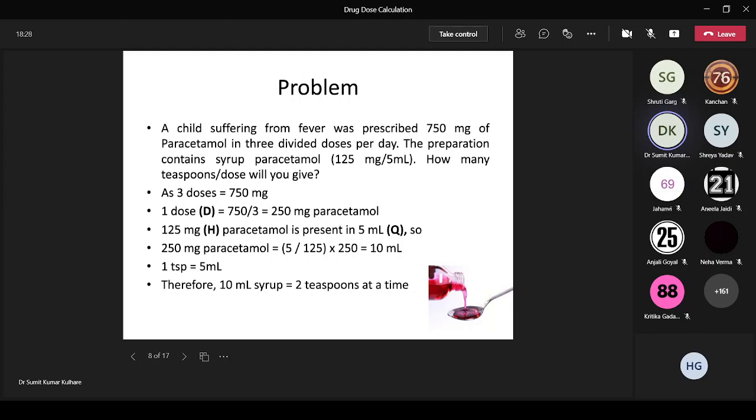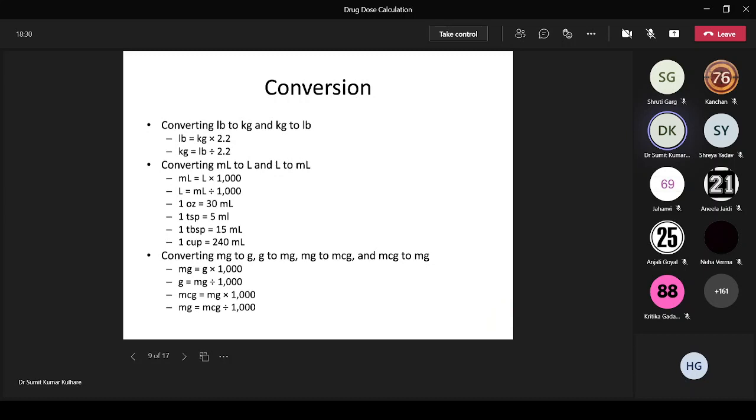So, some conversion factors that you should know, and you must already know a lot of them. To convert kilograms to pounds, multiply the kilograms by 2.2. If you want to convert pounds into kilograms, divide the pounds by 2.2. Liter and milliliter, you already know.